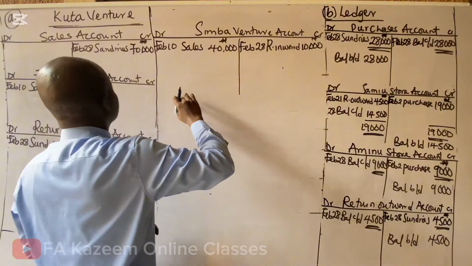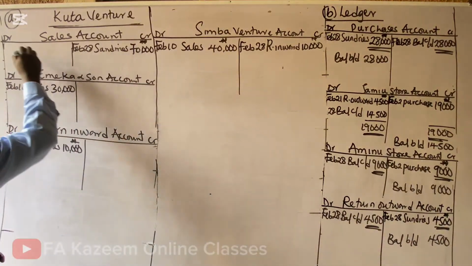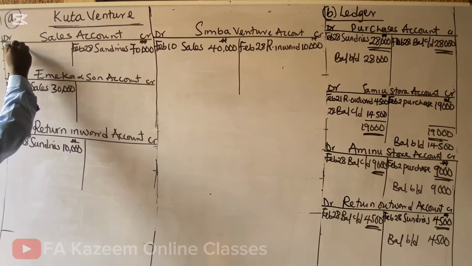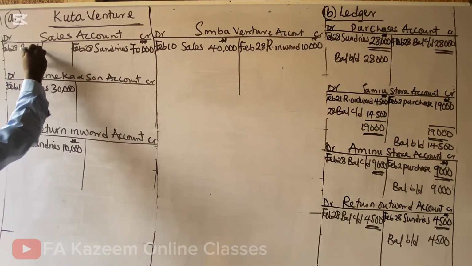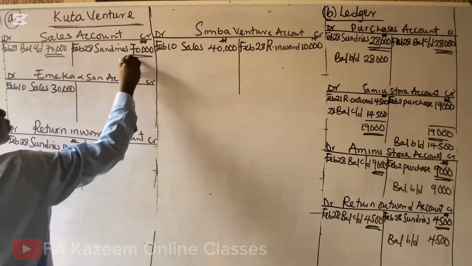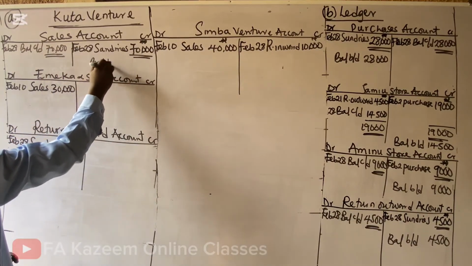For Simba, let's close it from the sales day book. We have February 28th, we have balance carried down 70,000, account closed. We have a balance brought down 70,000.